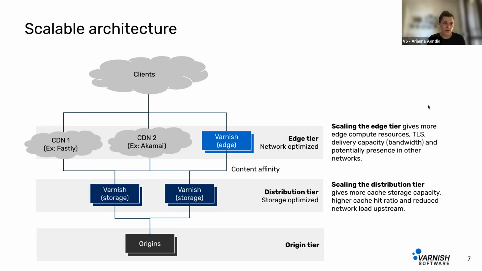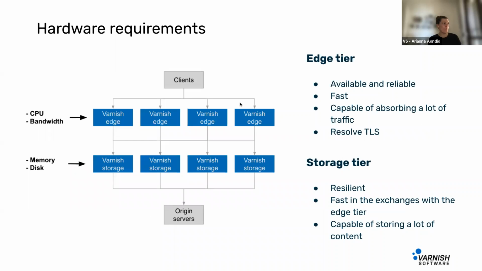So if we are to summarize how and what to scale, we can consider the edge tier and the storage tier. The edge tier will scale based on CPU and bandwidth.